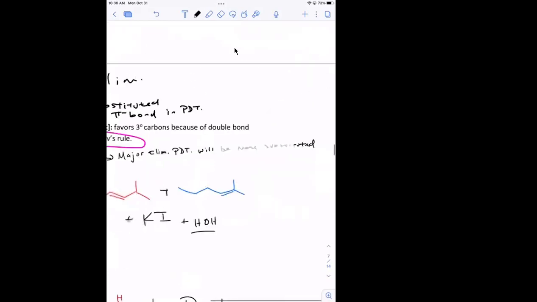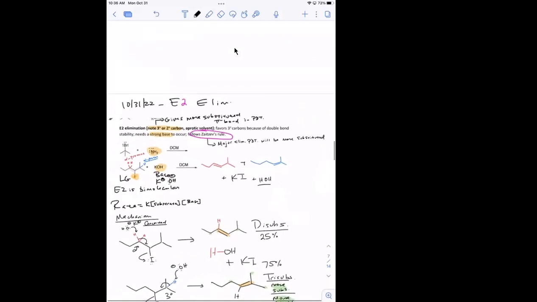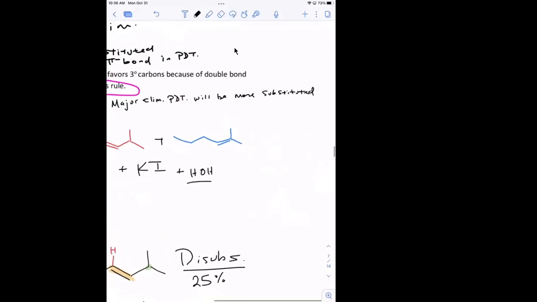Zaitsev's rule says that for the E2 elimination or E1, which we'll talk about, maybe not today, but definitely Wednesday, for any elimination, the major product is going to be the more substituted product.